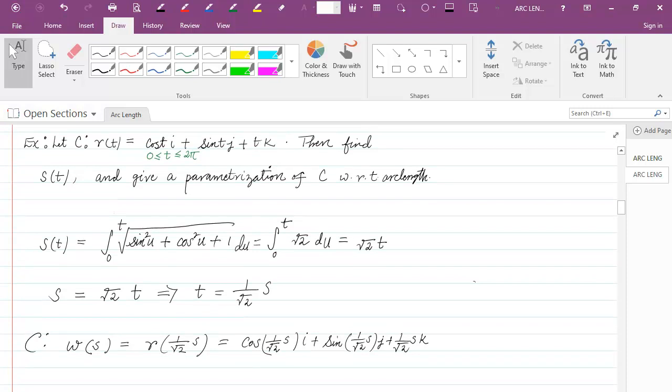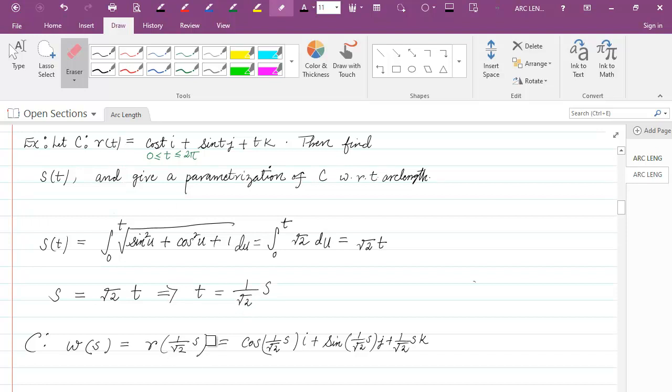So in the vector function r of t, if I replace t by 1 over root 2 times s, then I get a parameterization of C in terms of the arc length. I'm going to denote this, so I'm replacing t by s over root 2.